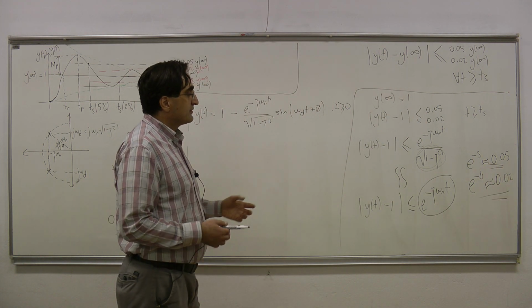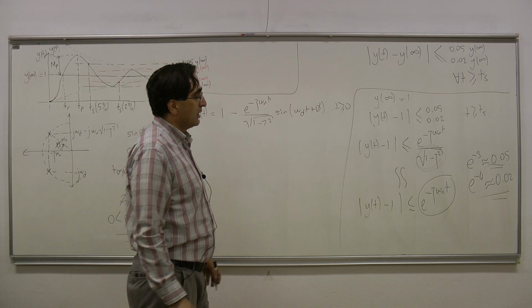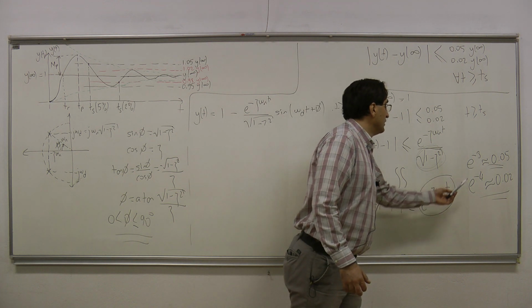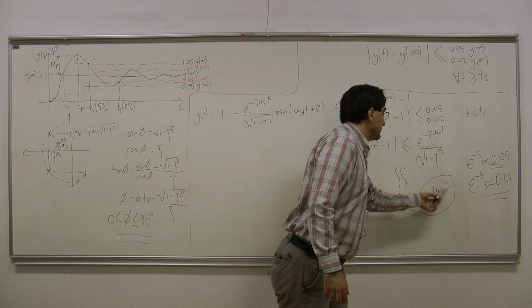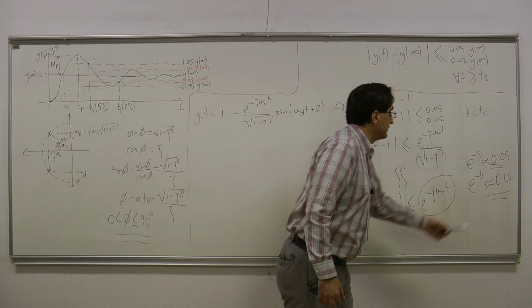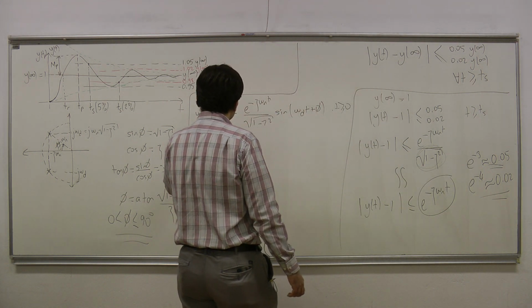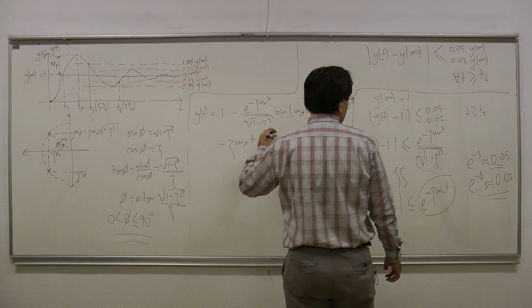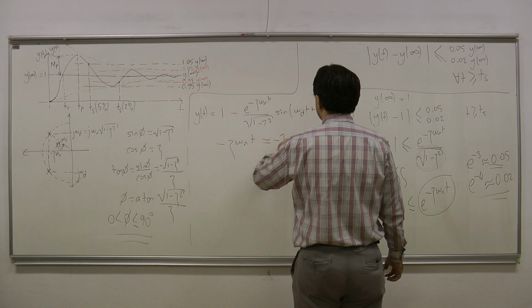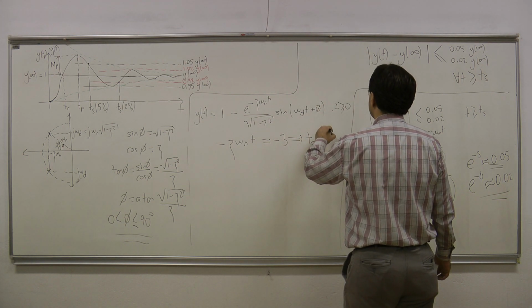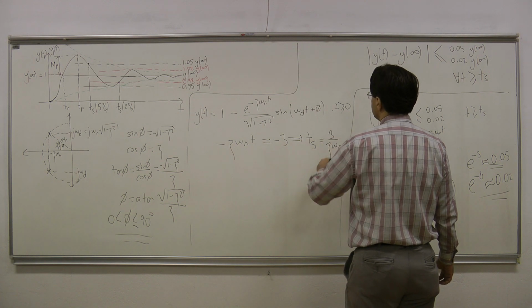So our 5% settling times and 2% settling times are going to come from equating the exponent of this exponential to minus 3 and minus 4. So let us write those. Minus psi omega n t is equal to minus 3. The solution of this equation is Ts is equal to 3 over psi omega n.